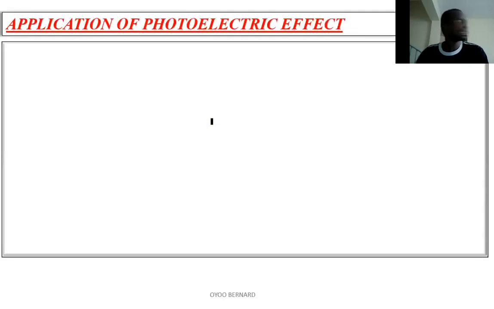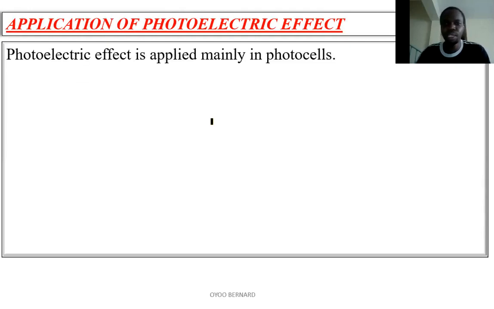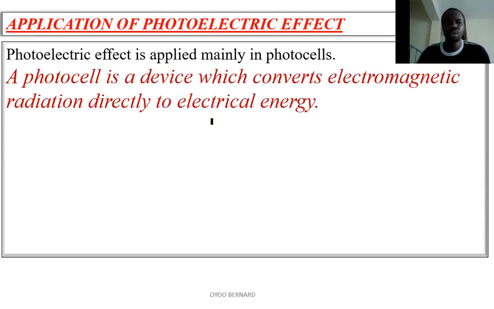I think having looked at that, we can move to applications of the photoelectric effect. So where do we apply it? The photoelectric effect is applied mainly in photocells. A photocell is a device which converts electromagnetic radiation directly to electrical energy.